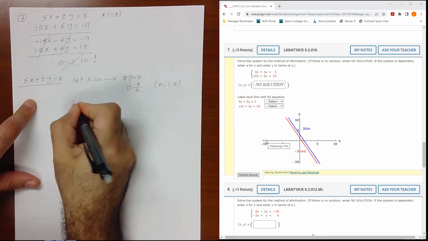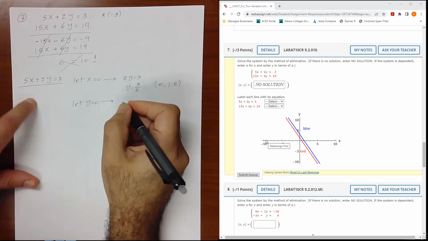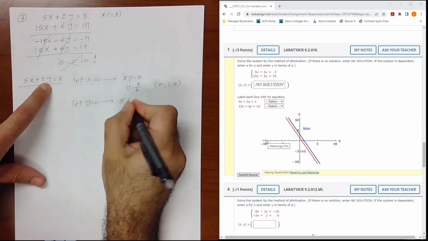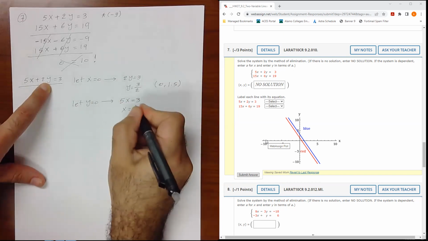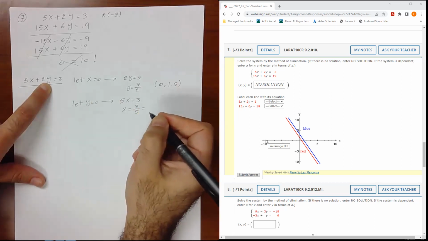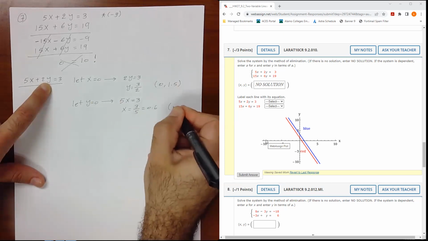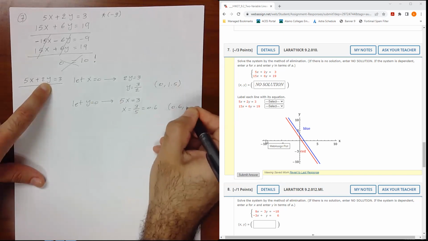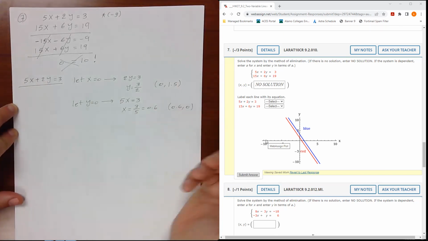Then I'm going to let y equal 0. So y equals 0, that means 5x equals 3. So x is going to be equal to 3 over 5, which is 0.6. That means the point is 0.6 and y is 0. These are the 2 points for the first line.